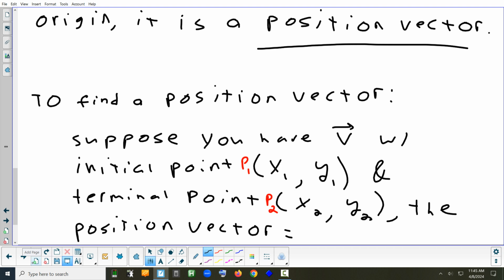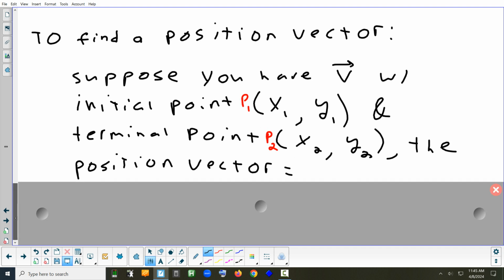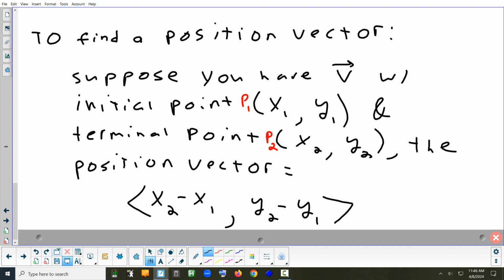P1 is the initial, P2 is the terminal. To find the position vector, do the terminal minus the initial for the x's, and then do it again for the y's.